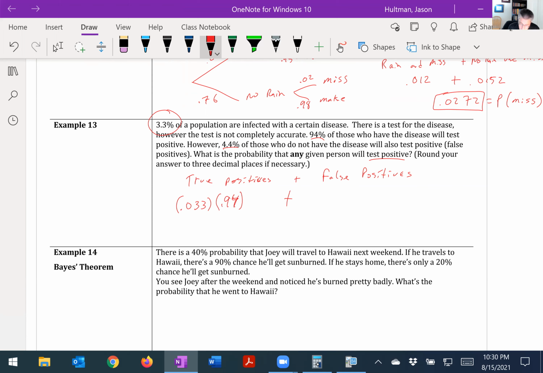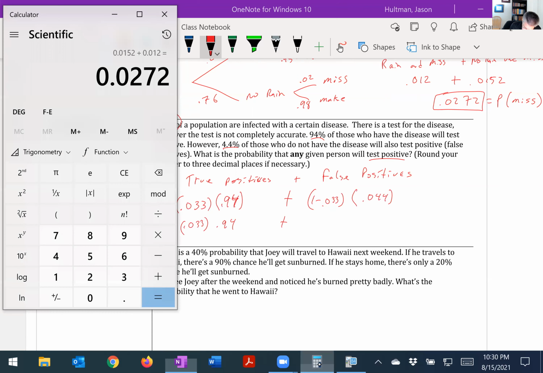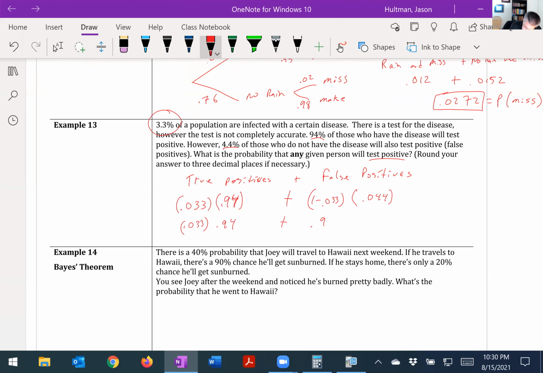Well, if 3.3% have the disease, then 1 minus 0.033 do not have the disease. But of those, 4.4% or 0.044 will come back with a false positive. So 0.033 times 0.94 plus 1 minus 0.033, which is 0.967, times 0.044.